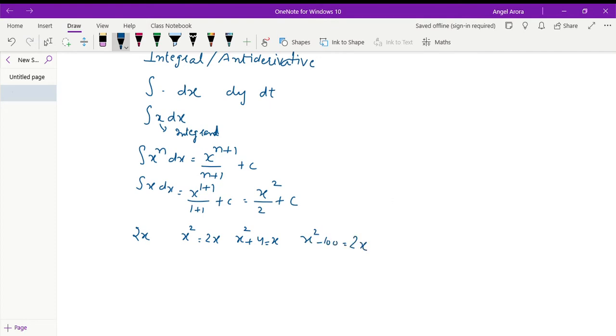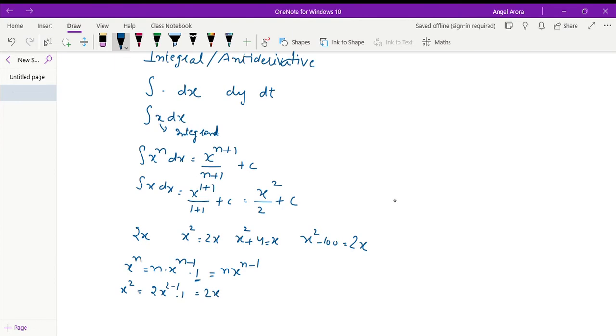So let's recall the rule of derivative first. The derivative of x raised to n is n into x raised to n minus 1 into 1, where 1 is the derivative of x. So it will be n x raised to n minus 1. In this example, if we take x raised to 2, it will be 2x raised to 2 minus 1 into 1, so it will be 2x.